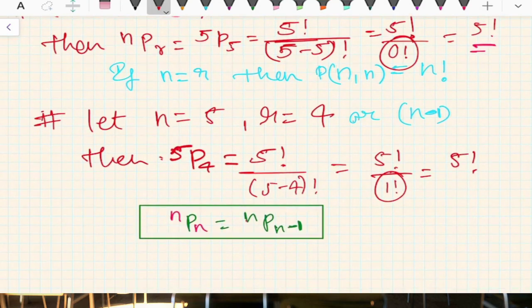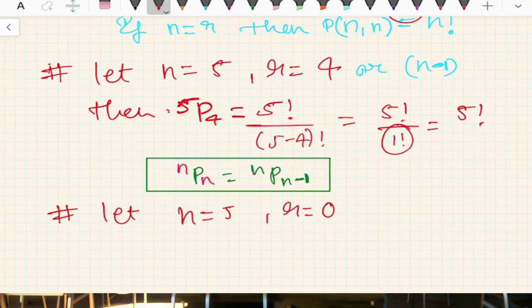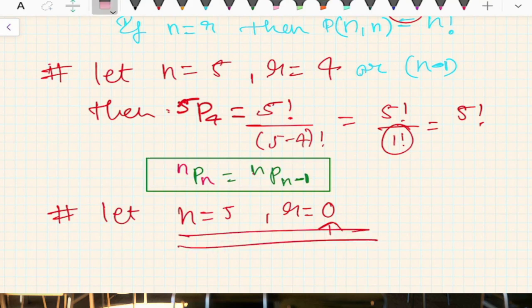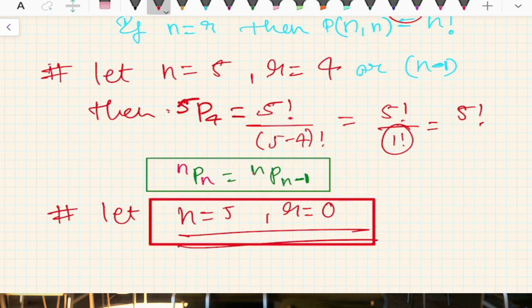And again, the last case that we will discuss in this session, n is equal to 5, but r is equal to 0. Now what? Since we didn't want to arrange anything, let's consider an example in words: I brought 5 books, and I'm not arranging any one of them.